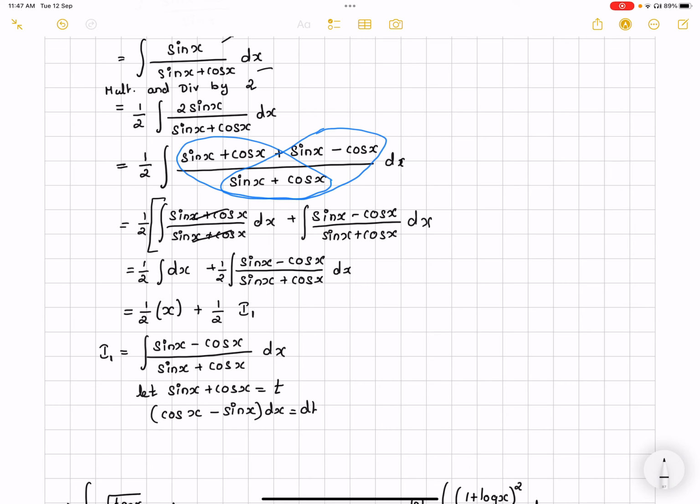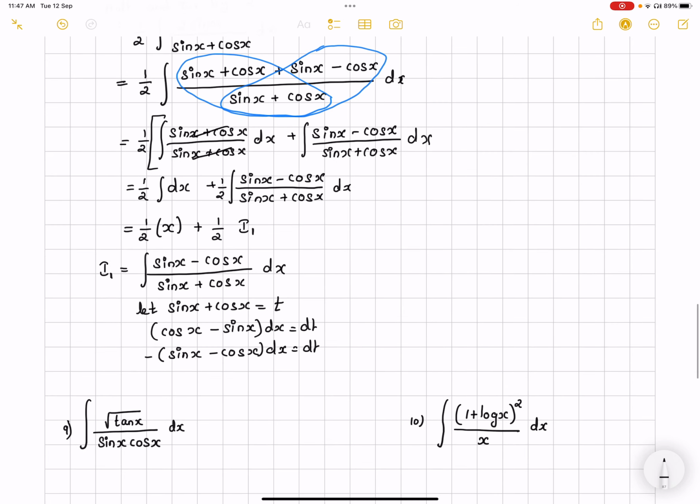Okay. Now if you just observe, I have sin x minus cos x here and here I have cos x minus sin x. So what that means, I need to take negative out. In that case, I would be getting sin x minus cos x, I'm taking negative common, dx is equal to dt.